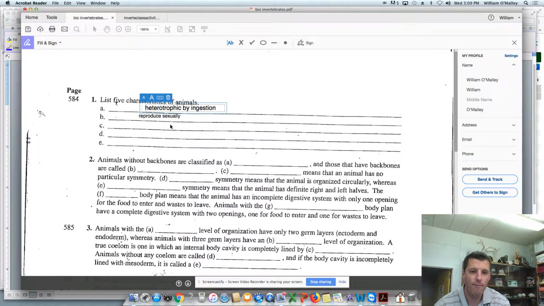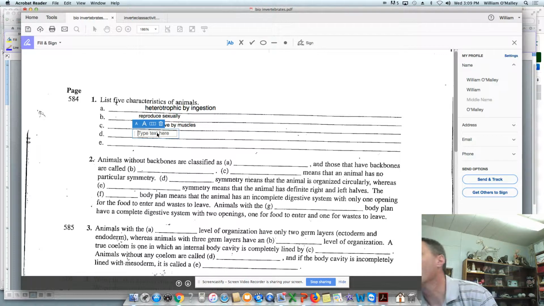What else do you have? Landon. May move by means of muscle cells. Move by the action of muscles. What else do you have? Angel? A life cycle. Okay. They have a life cycle.